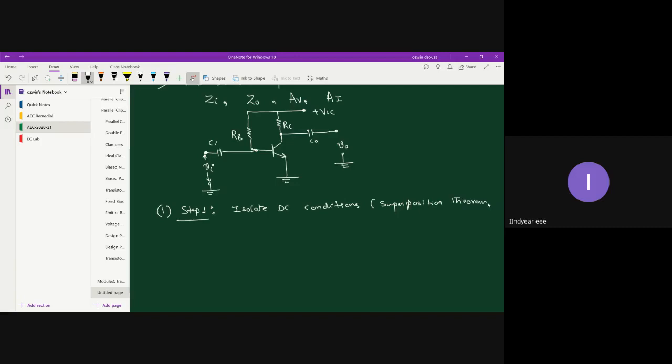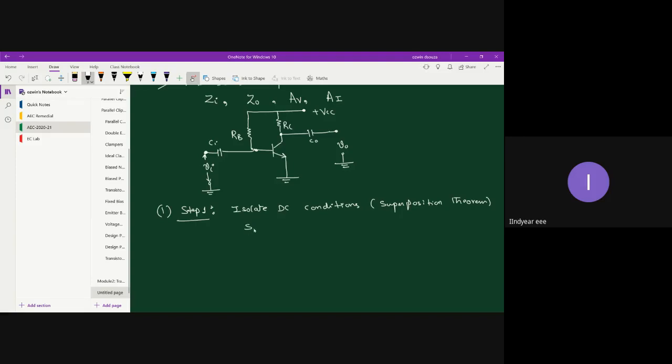Don't worry, you'll come to know about it. Superposition theorem is basically a network simplification theorem using which you can handle a circuit which is under the influence of multiple sources.